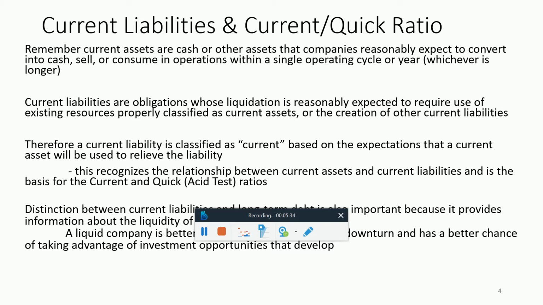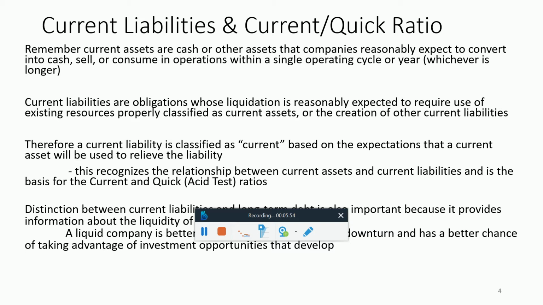So it's also important to note that the distinction and the interrelationship between current liabilities and current assets is how we arrive at either the current or the quick ratio, which is also known as the acid test ratio.